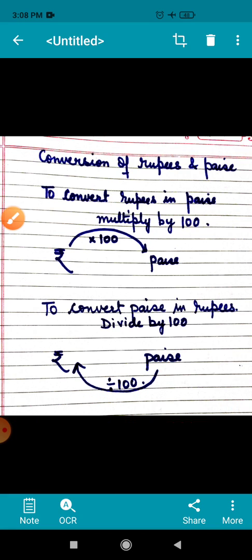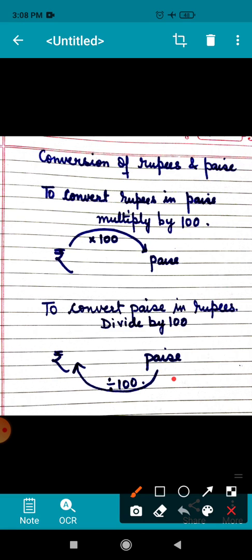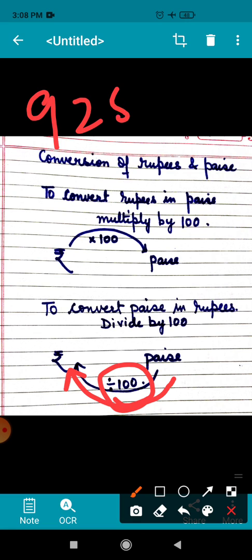Now let us see how we can convert paisa into rupees. So to convert paisa into rupees, we divide by 100. Suppose you have 9285 paise. What you will do? You will divide it by 100, or you separate 2 digits, because 100 has 2 zeros.